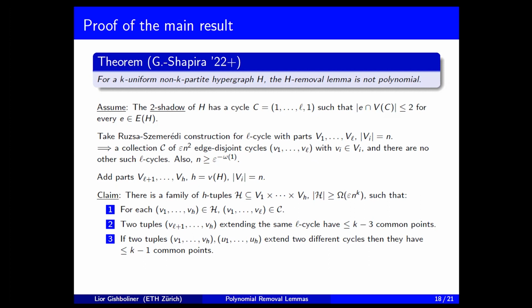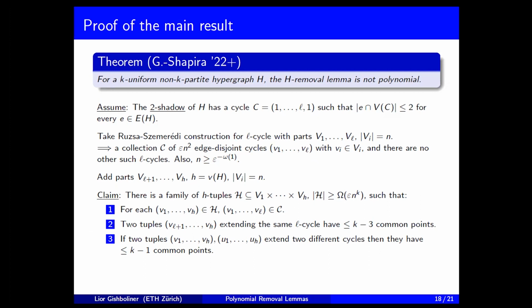First of all, the size of the family is epsilon n to the K. Then every such h-tuple has to extend one of the cycles. So if we look at the first L coordinates, it's one of these cycles in C. Now, we have two more properties.